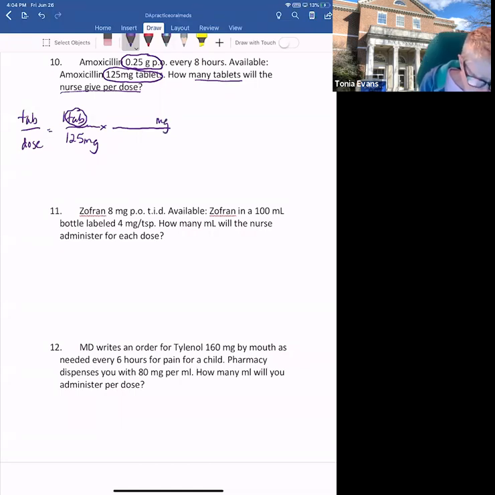And my dose is in grams. All right, so I have to convert. No big deal, right? 1,000 milligrams is the same as 1 gram. So my milligrams cancel out. Next thing I need to do is get rid of that grams. And what do I know? I've got a dose of 0.25 grams per dose.